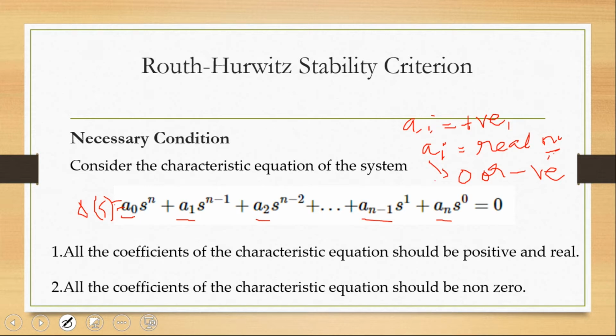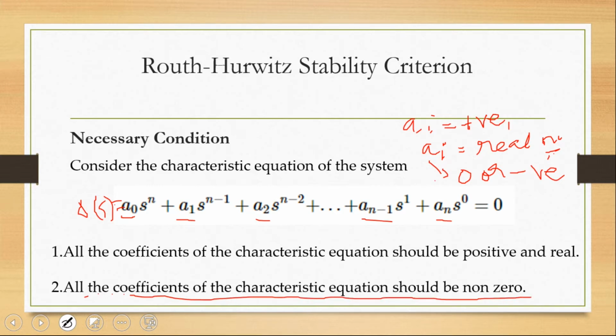So the necessary condition for stability according to Routh stability criteria is that all the coefficients of the characteristic equation, a0 up to an, should be positive and real, and all the coefficients should be non-zero.